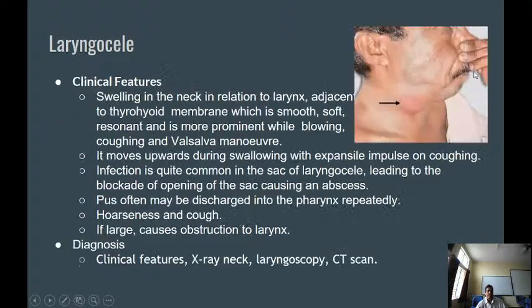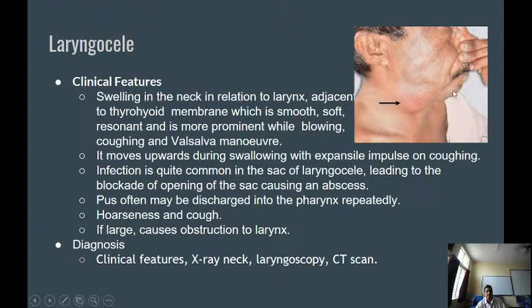So this is the treatment of choice, and clinically it usually presents with a swelling in the neck which increases in size when you blow or cough, or when you perform a Valsalva maneuver, closing the nostril and the mouth. You are asked to swallow and blow. So that is the Valsalva maneuver.